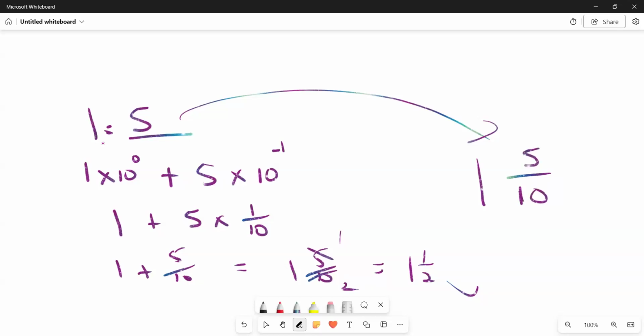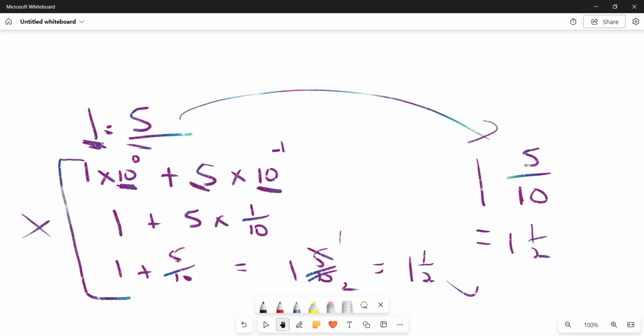Then you put a 5 up here, the digit up here, and you reduce this, which is 1 and a half. So if you're going through the long approach, you're going to use the place value of each digit. The place value of the 1 is 10 to the 0, which is 1. The place value of 5 is 10 to the negative 1, which is 1 over 10. This is the long approach. People would hardly use that. People would use the shortcut like this here.